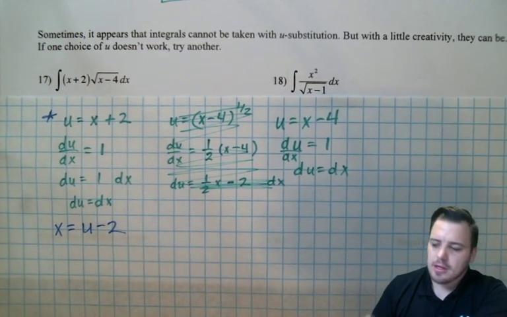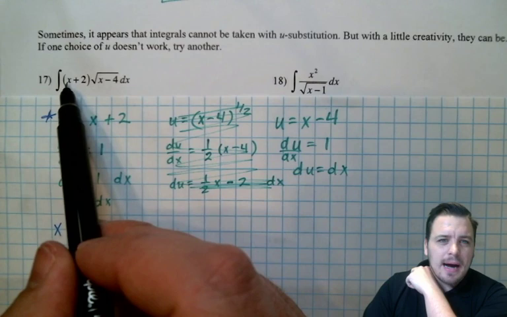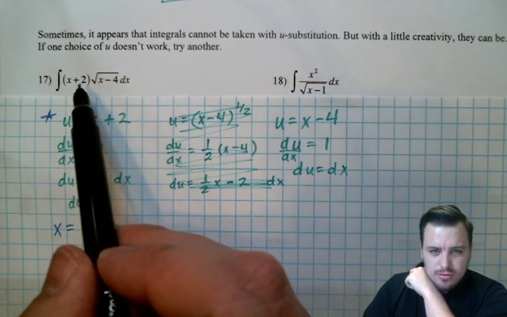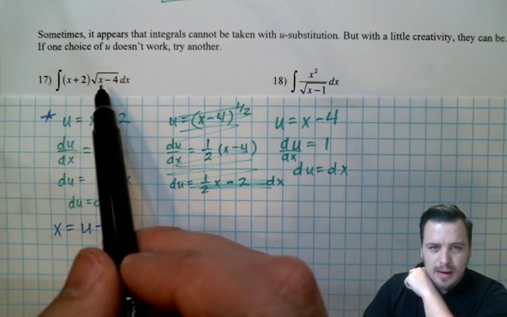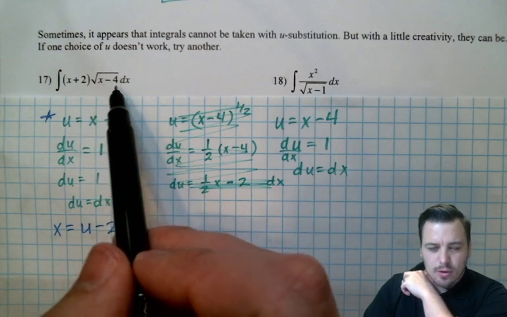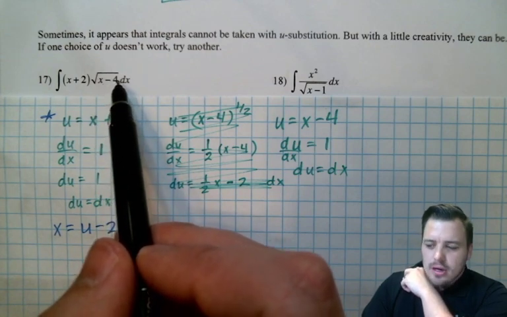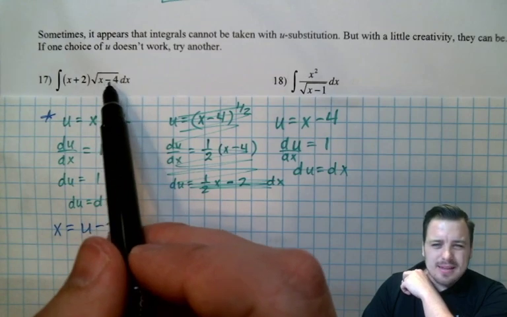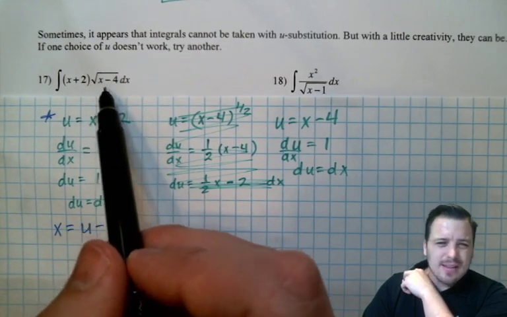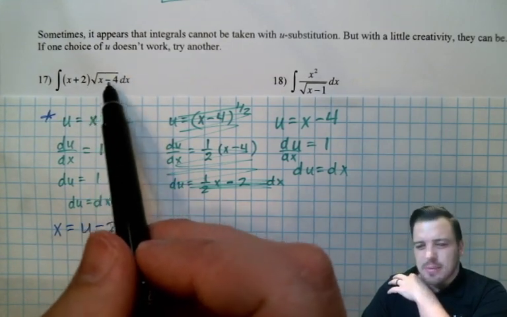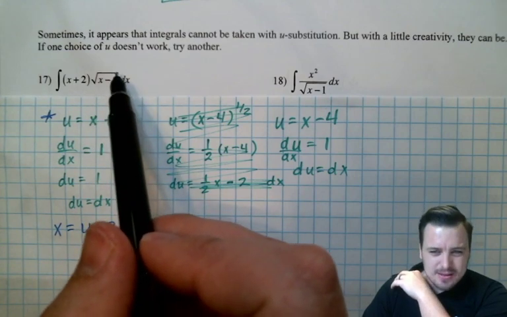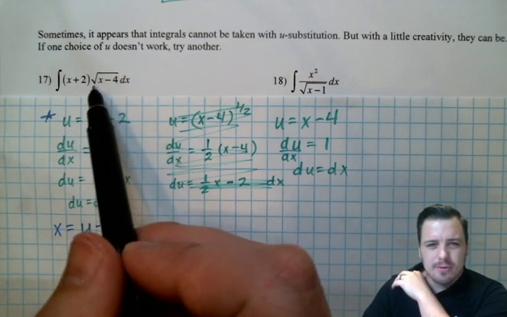So I would say u minus 2 plus 2, and then u minus 2 minus 4. That's going to give me something else in there that's probably not going to be for the best for you guys.